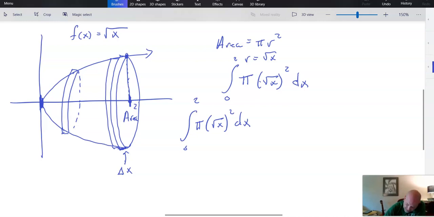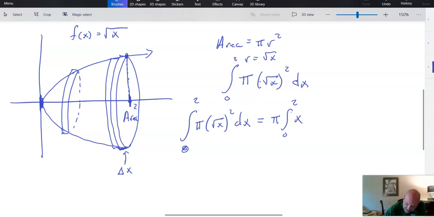So let's go ahead and handle this now. That's a 0, not a 6. Okay, so we can pull the pi out. So I can look at it this way: from 0 to 2 of, well, the square root of x squared. The square of the square root of x is just x. It only takes in positive values, so we're still okay.